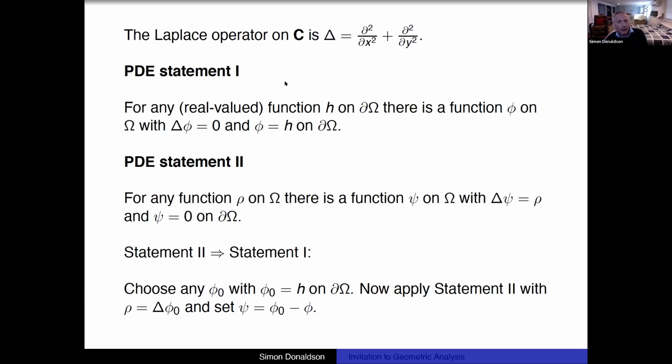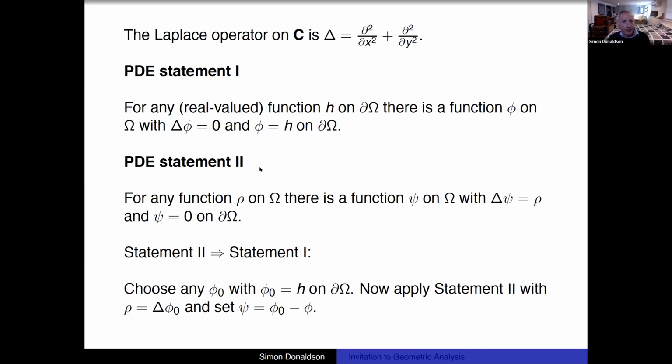They both involve solving a boundary value problem on this domain omega. The first statement is that if we have any function on the boundary, then we can extend it over the domain to what's called a harmonic function, satisfying that the Laplacian of the function is 0, with the given boundary value.